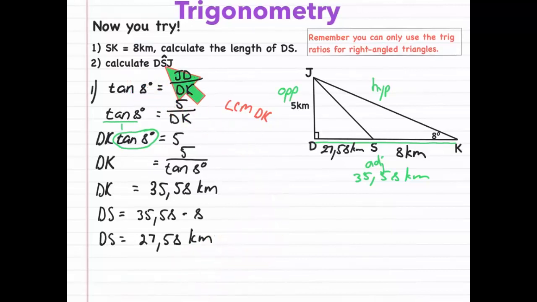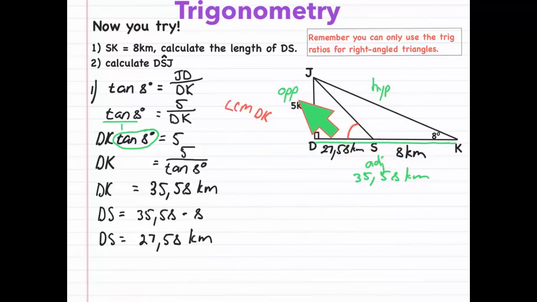They want us to calculate angle DSJ. So this angle here, and I'll write it in red. So they want us to calculate that angle. Now, that angle is part of the triangle JDS, and we already have DS and we have JD. So we have two sides, and then that means we can calculate the angle. So let's just see what is this side in relation to this angle.